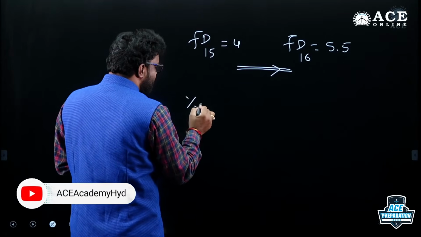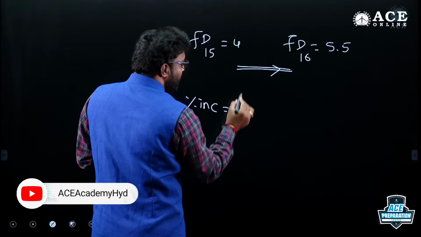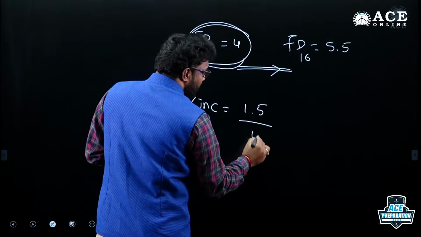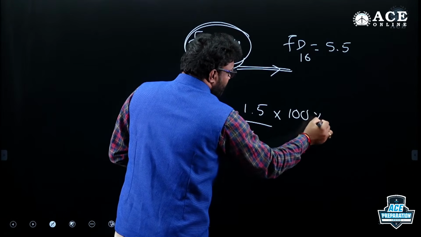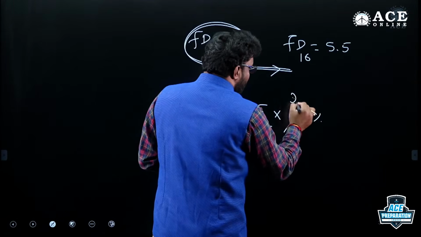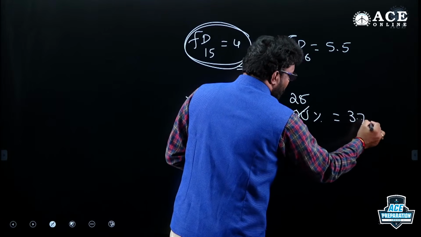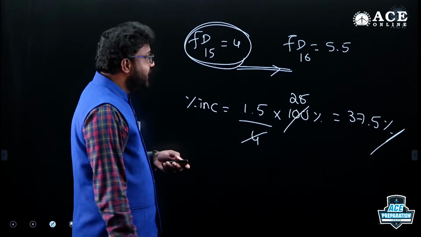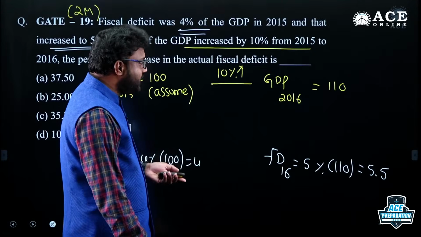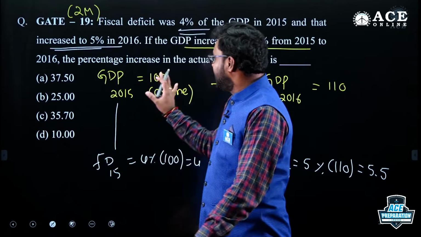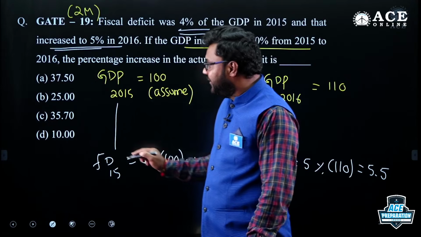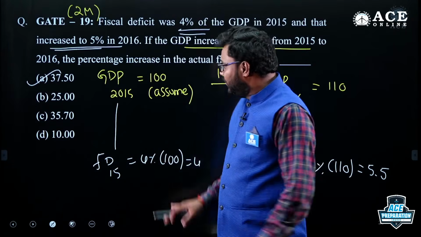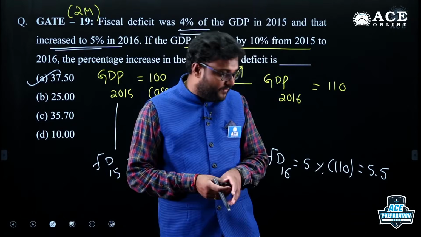The increase is 1.5 with respect to the initial value, into 100, that is 1.5 by 4 into 100. It is 15 into 25, which is 375. Here we got 37.5%. 37.5% increase is there in the fiscal deficit. You can take instead of 100 here some constant K also and proceed. Okay, you got option A, 37.5% increase. I don't know the GDP, we are assuming and proceeding, my dear friends. Got it?